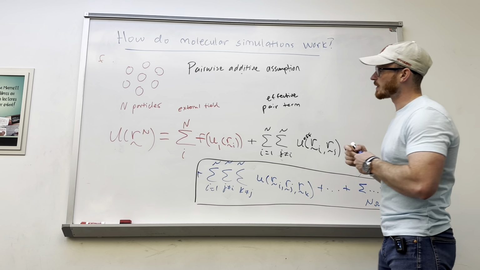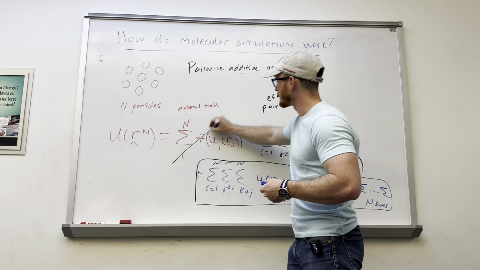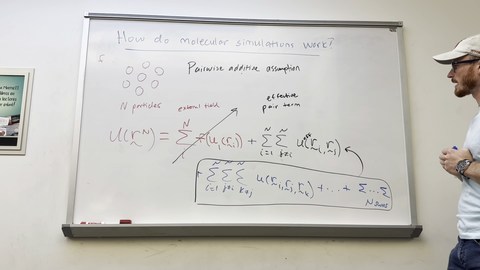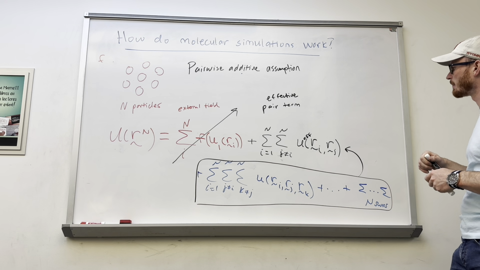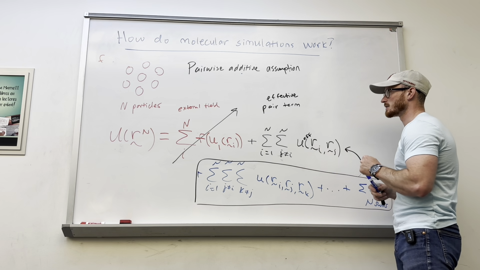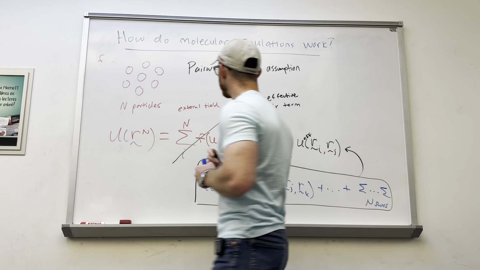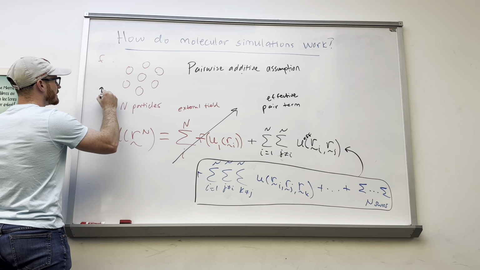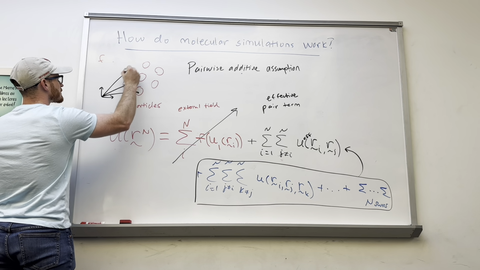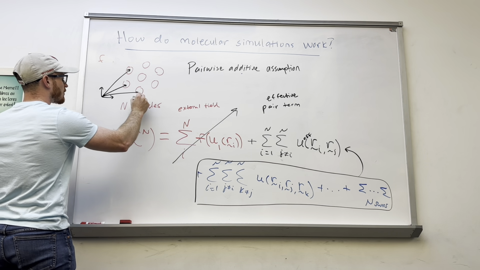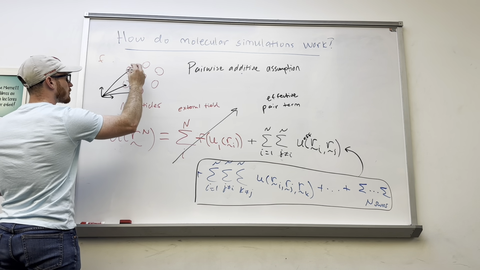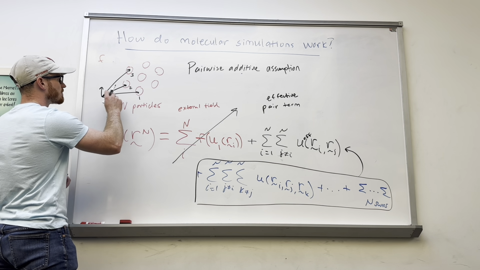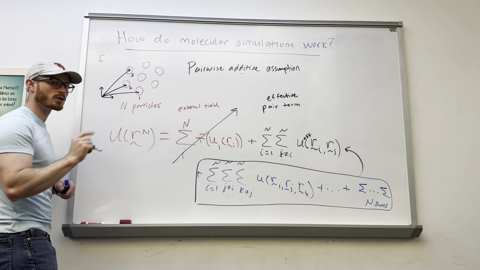And often we don't have an external field, so a lot of the time this is just not in our simulations at all. It can be in certain applications, but for a lot of the time we're only dealing with this sort of pair interaction. So what exactly is this pair interaction? Well, in general in our system we can keep track of every particle at once, right? We can keep track of particle 1, particle 2, particle 3, and so on. The pair term is going to look at the relative positions of two particles at once.